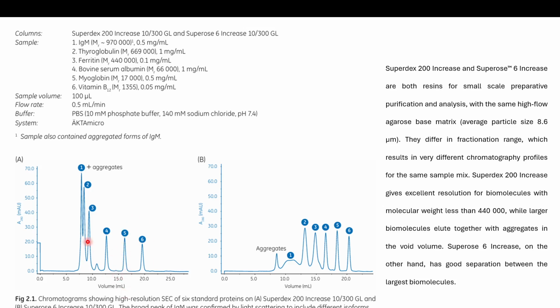And suppose you are getting just this one peak, and you know your protein is 17 kilodalton, so it should elute at around 16 or 17 ml of column volume, but the peak you are getting is coming out at lower column volumes.